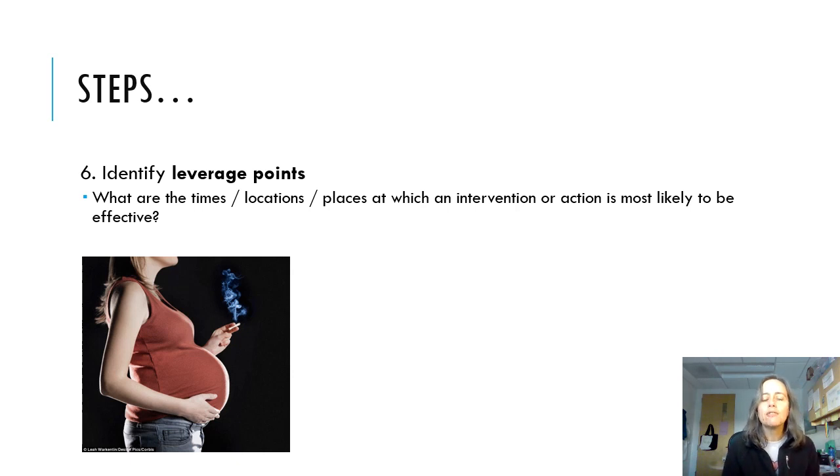Sixth step is to look for leverage points. These are opportunities at which some type of intervention or action is most likely to result in change or to be effective. The book talks, for example, about when someone is pregnant. That is a great leverage point for getting them to stop smoking. It's also a great leverage point to get them to stop drinking alcohol if they're doing that as well, right?